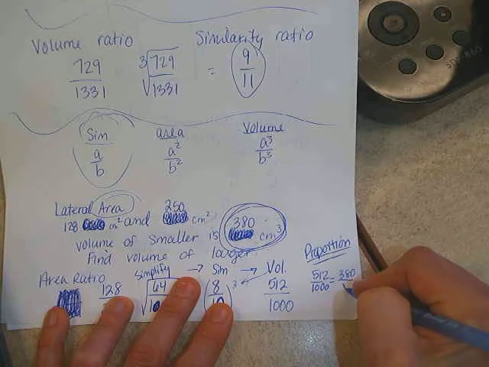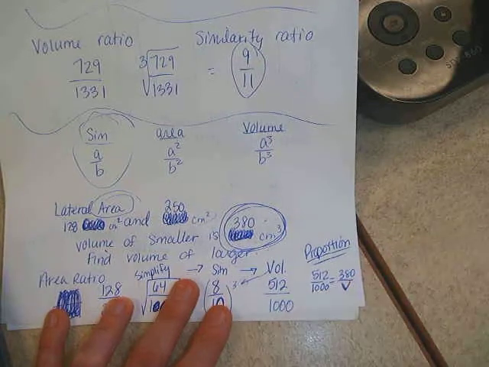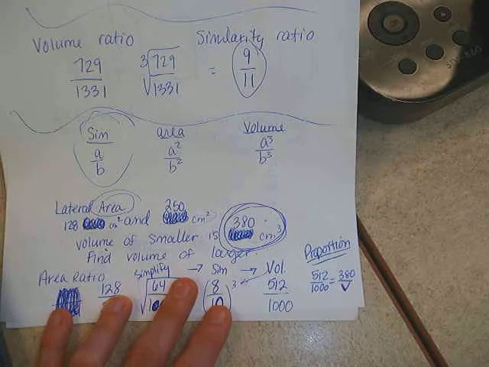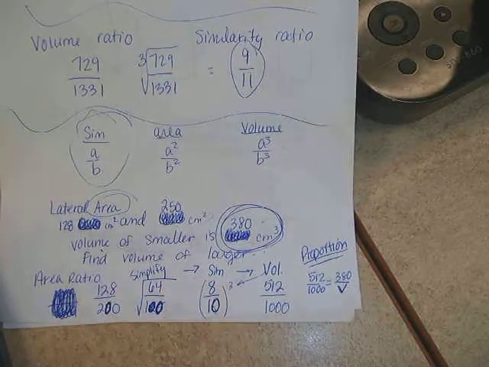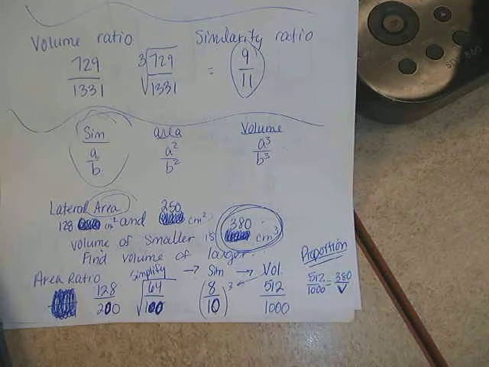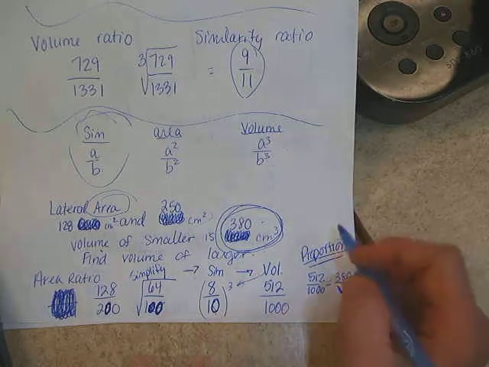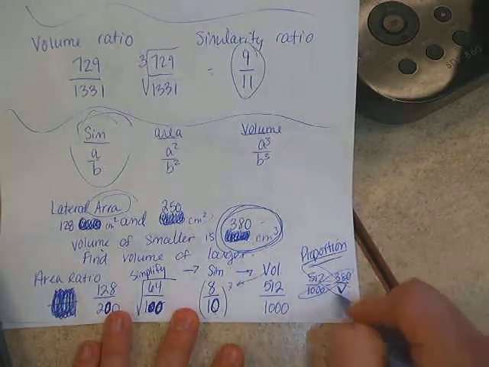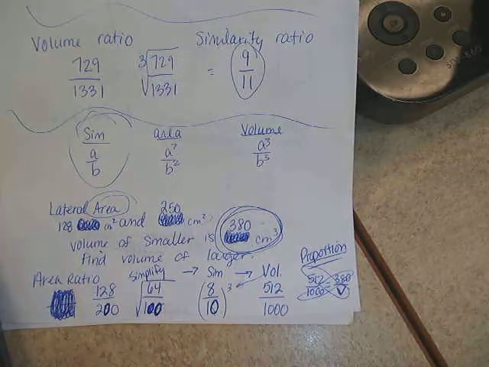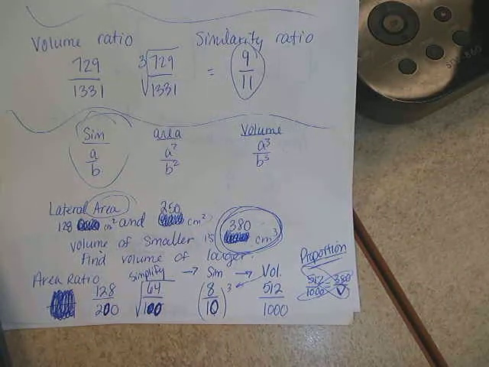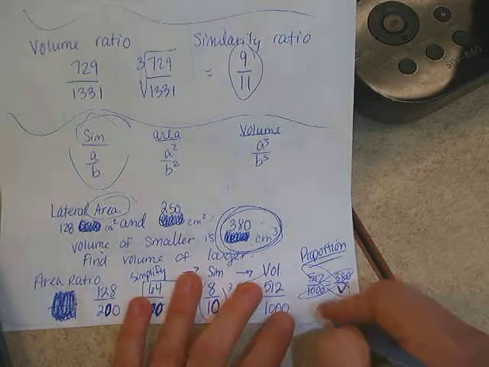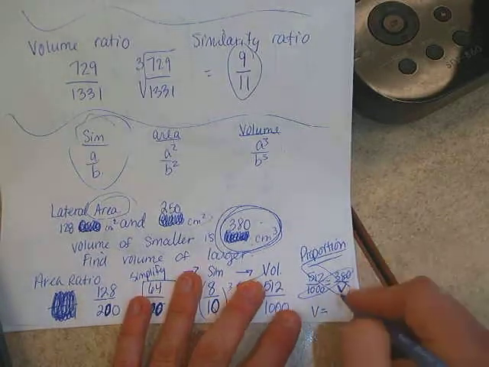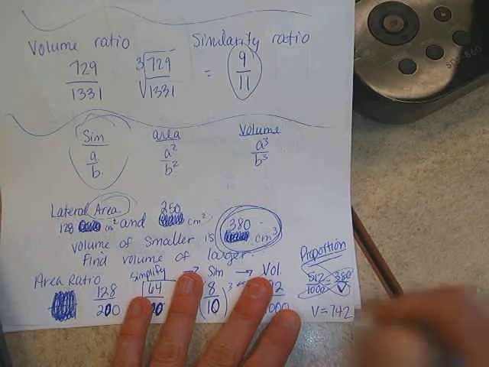My last step is to set up a proportion using the appropriate ratio, which I have here. This is a volume, so I need a volume ratio. So I'd say 512 over 1,000 equals, that's the smaller, so that would go on the top, V or X or whatever variable you want on the bottom for the larger.